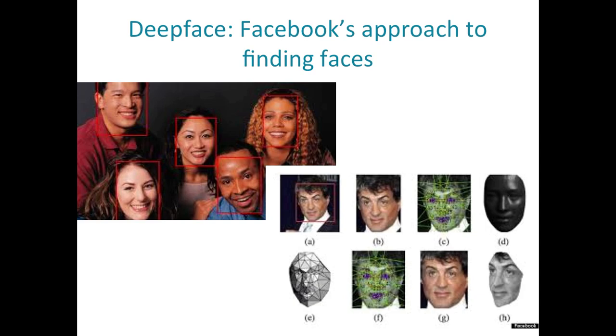And so, one potential application of that could be to point you to photos where your friends are, or to identify your picture, identify where you might appear in pictures that others have uploaded as well.